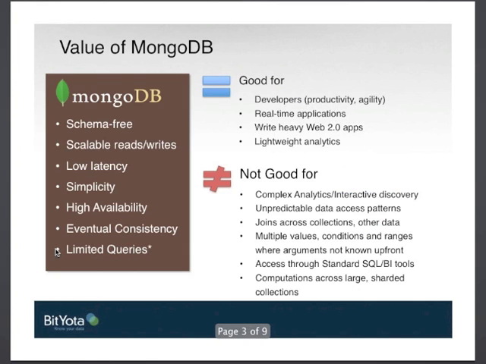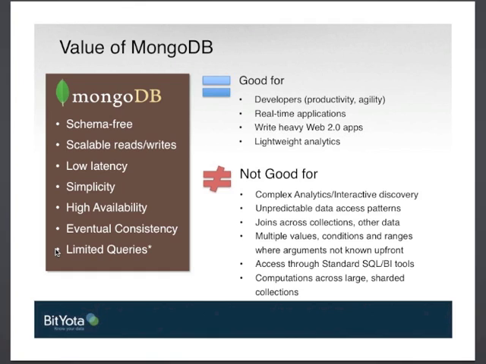So on the next slide, which I'll show you right now, we clearly all recognize the value of Mongo. It's great for fast read-writes. It's also very good for simple queries. You can optimize your indexes and schema for performance.